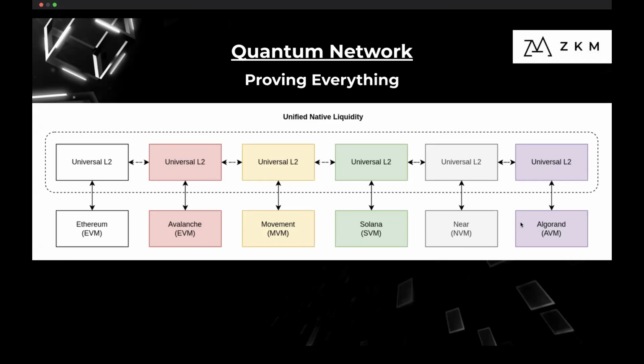So any funds that a user deposits into an L1 within the quantum network can also be used across all the L2s within this network. And users can also withdraw to any other L1 within this network.